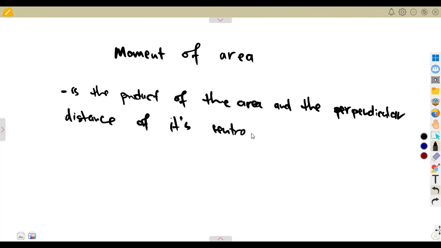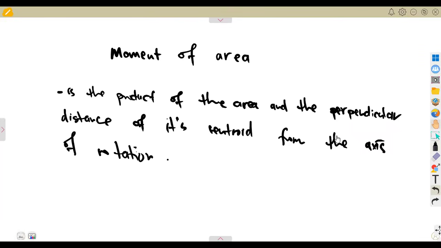All right, so you're gonna consider its centroid from the axis of rotation. So this is gonna be taken from the axis of rotation. So this is what I want you to bear in mind.